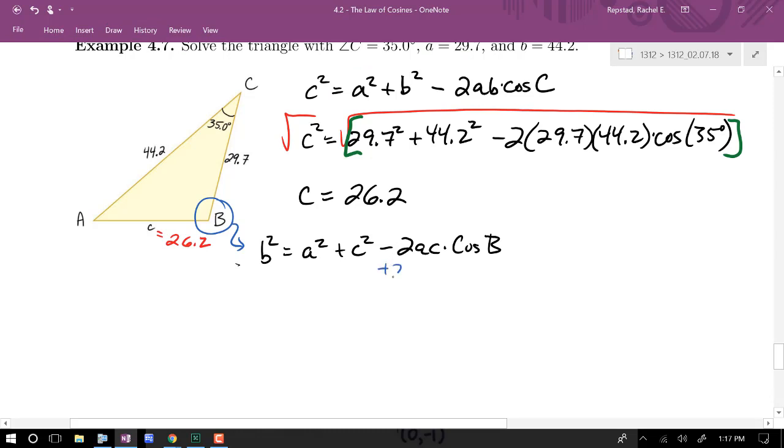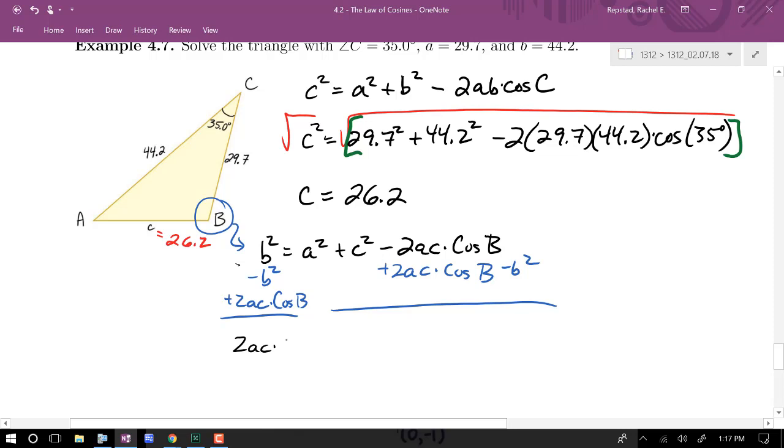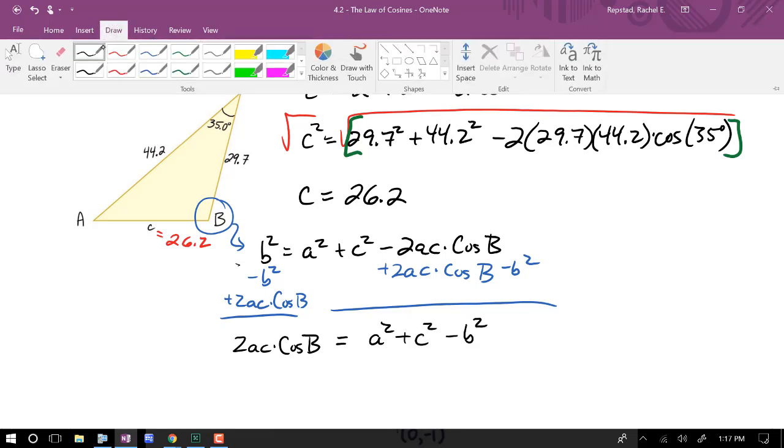So I'm going to add 2ac times cosine of b to both sides, and I'm going to subtract b squared. So 2ac times cosine of b is equal to a squared plus c squared minus b squared, and then we divide.